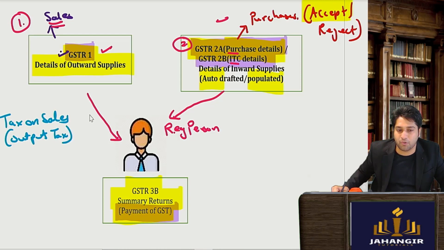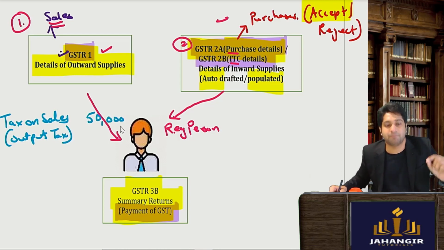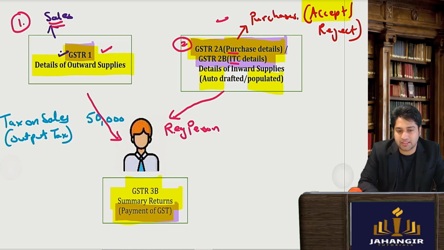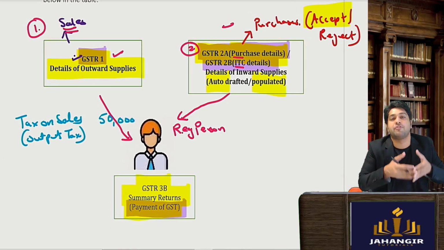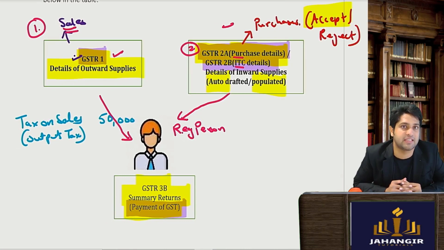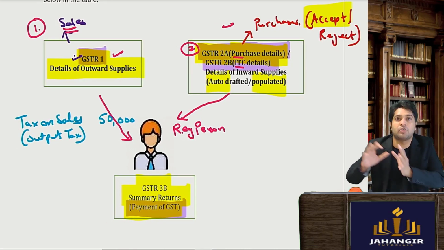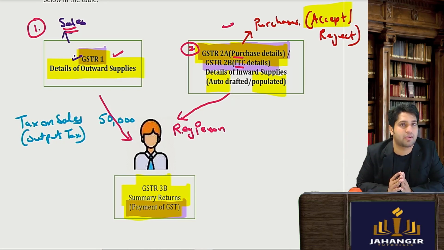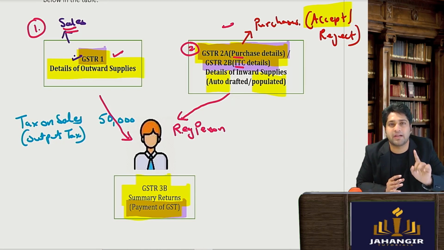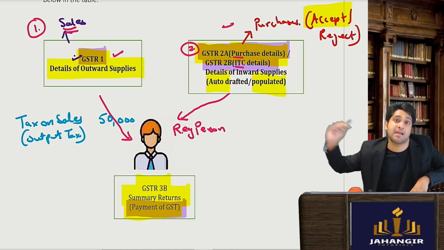Let's say my output tax is 50,000. I made sales and collected 50,000 GST from my customers. You think the full amount of GST I'll go and pay to the government? I will tell the government, wait a minute, I have collected 50,000, but I have also paid on my purchases.